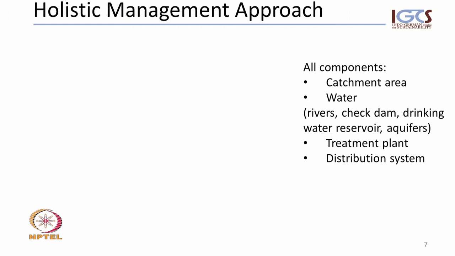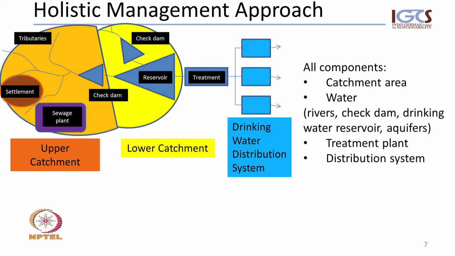This includes the catchment area, as well as the water, as well as the treatment plant and distribution system. When we talk about water, we mean rivers, the check dams, drinking water reservoirs, aquifers, all of the compartments hosting water.